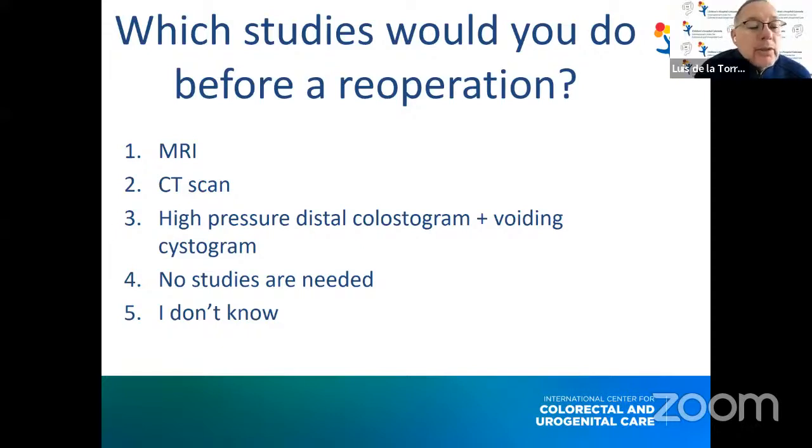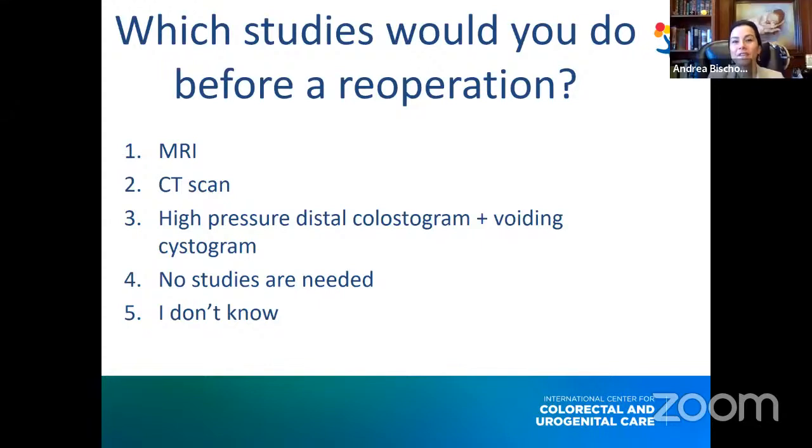Any other? There is one question. Yes, there's one question. It says, do you think that this fistula was the original one, or is it iatrogenic? That's a very good question. I don't know.